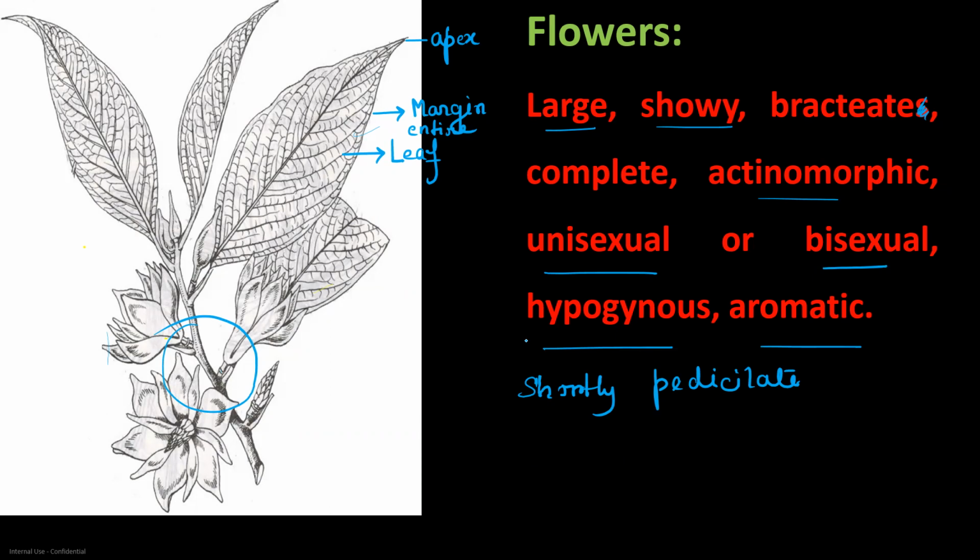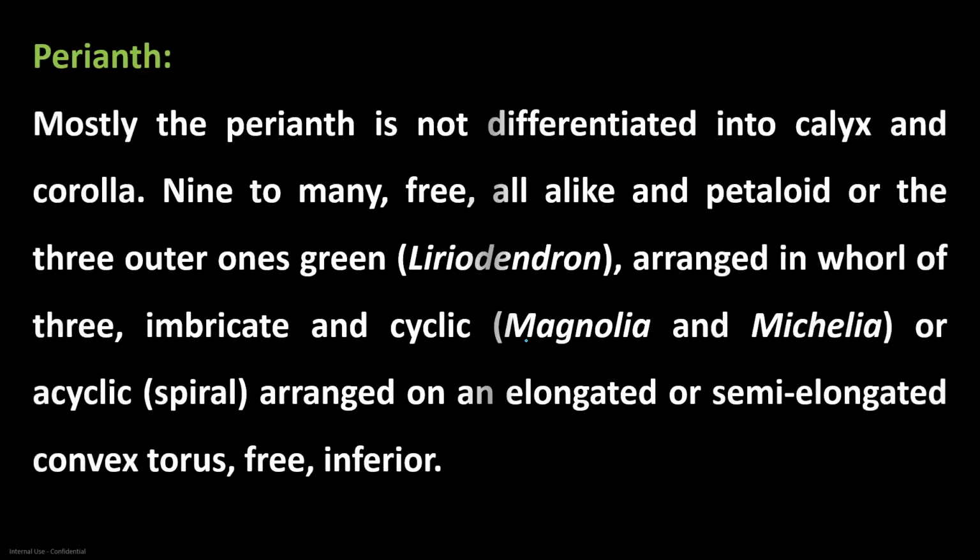Now, a little deeper into floral characters, we have perianth here, right? Mostly the perianth is not differentiated into calyx and corolla. That is the reason we are calling it perianth. When it's not differentiated into calyx and corolla, that is the time we use the term perianth.